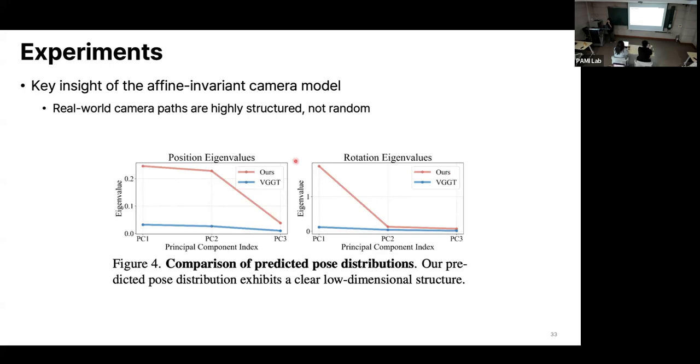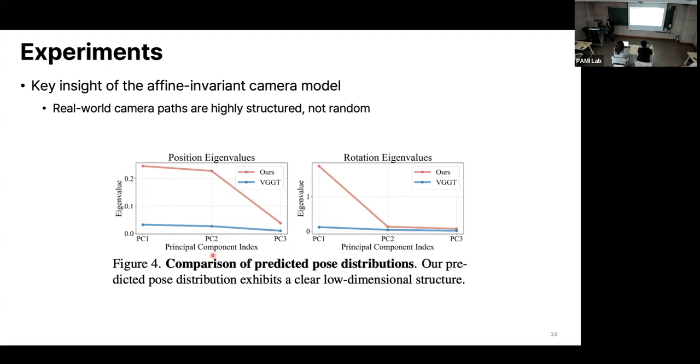So if the camera path is structured, the camera pose space shows a low-dimensional structure.